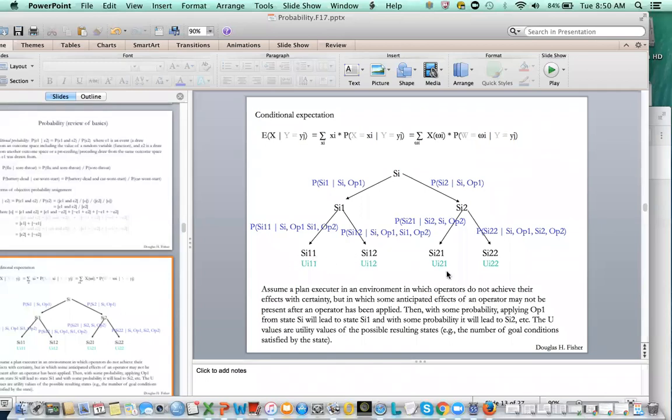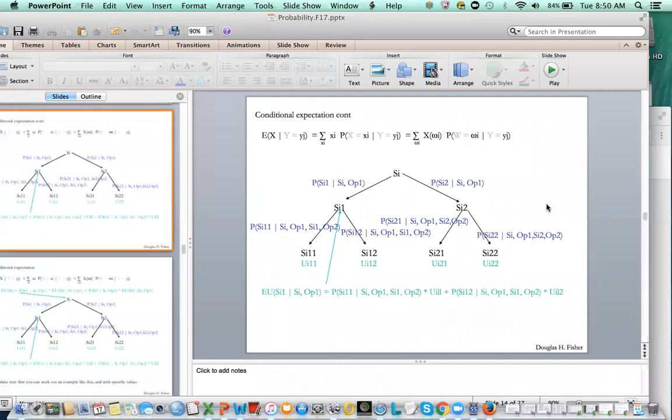So the utilities of the individual states that we might find at the very bottom of this search are given there. And we'd be interested in computing the expected utility that we obtain if we execute operator 1 in this particular example at the root, followed by operator 2. What would be the expected outcomes of executing operator 1 followed by operator 2 in a world in which the effects are uncertain?